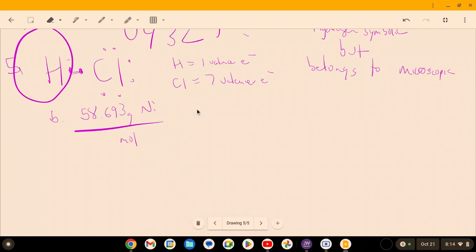And if you do the Avogadro's number calculation, remember that's times 10 to the 23rd atoms of nickel for 1 mole.